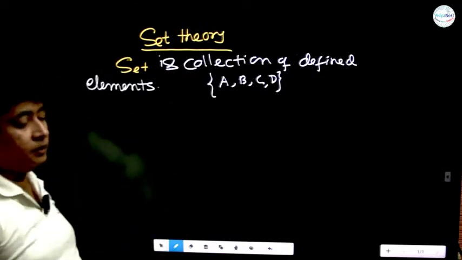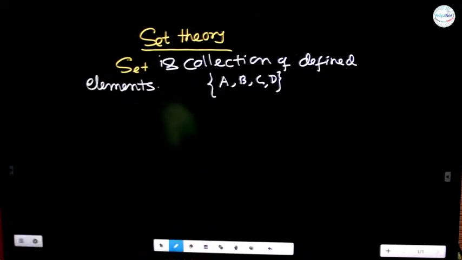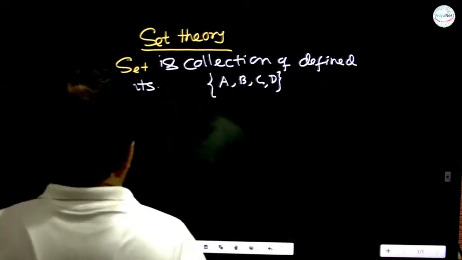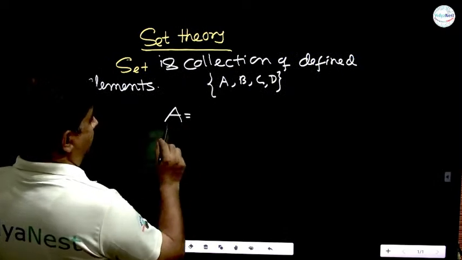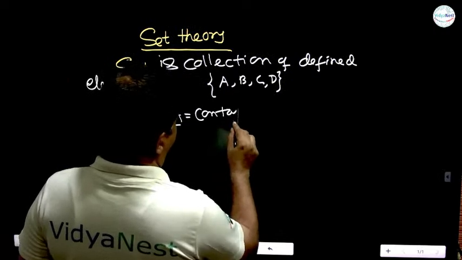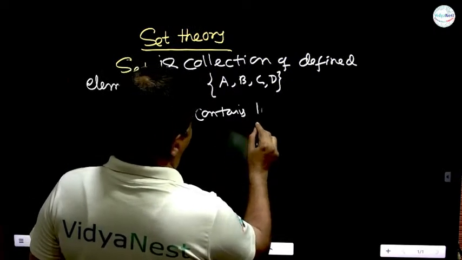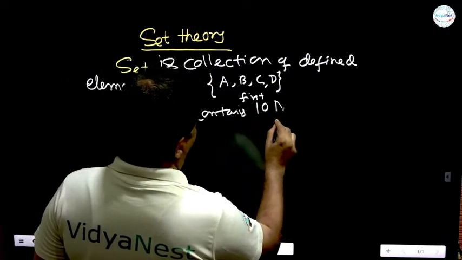One is roster, another is set builder. Roster means tabular form. Suppose you have got a set like this. Set A contains the first 10 natural numbers.